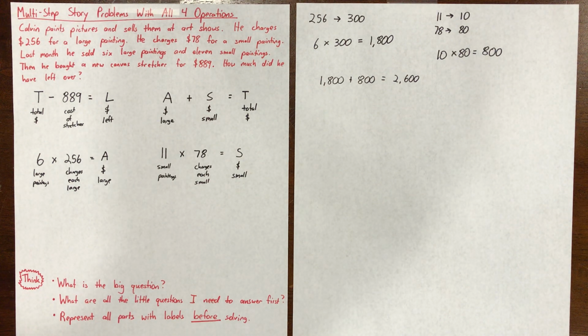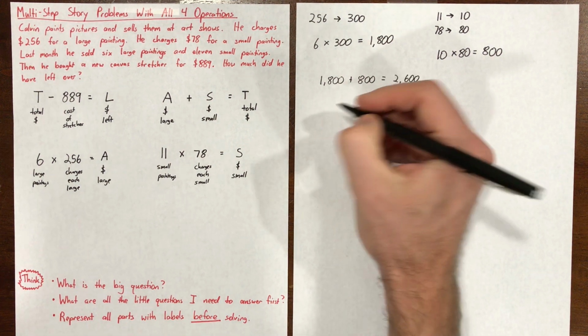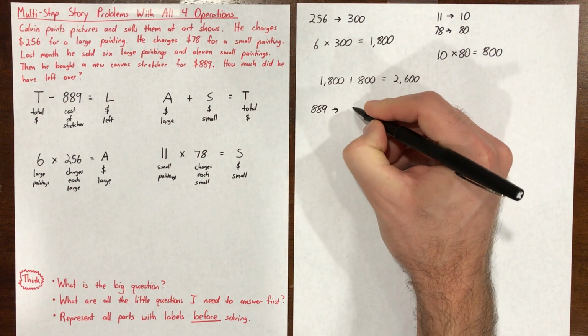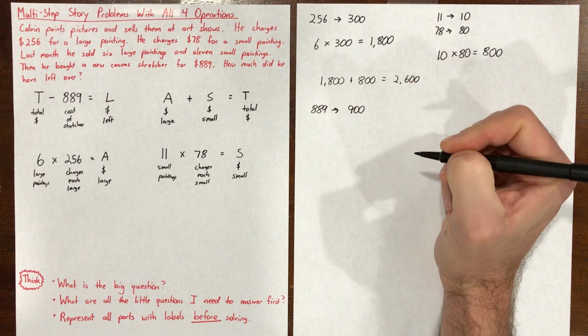And what would I do now to go ahead and finish out my estimate? Say it out loud. Right, so now I can take 889. That is pretty close to 900.